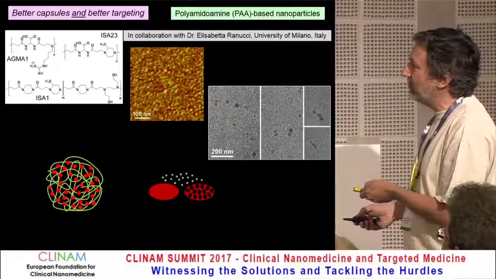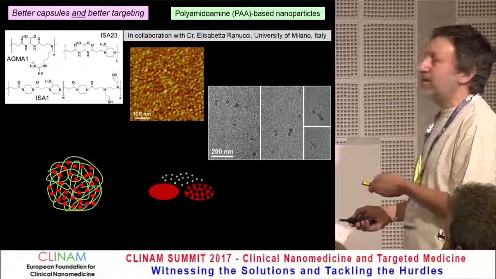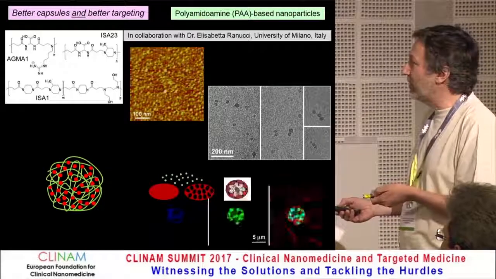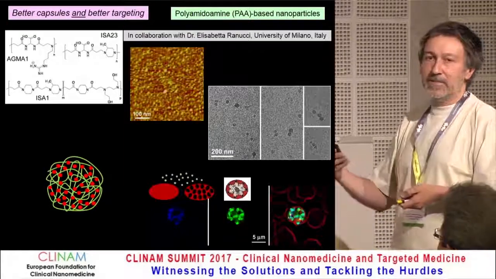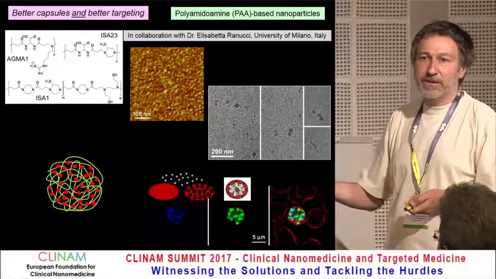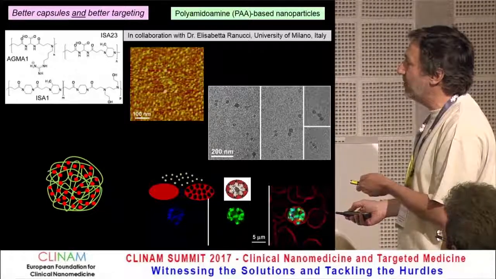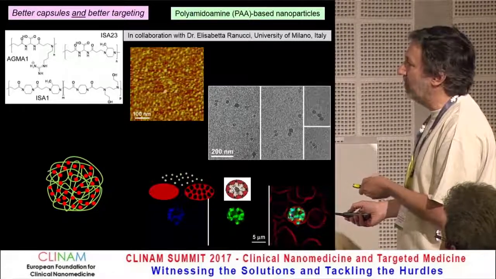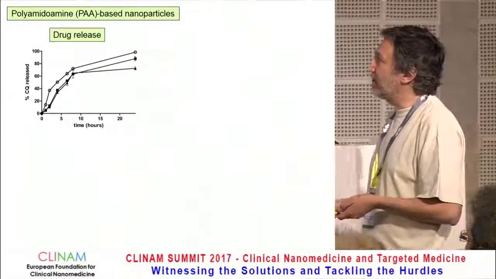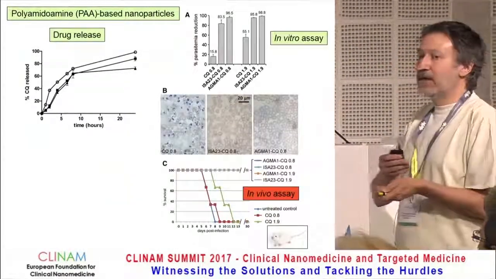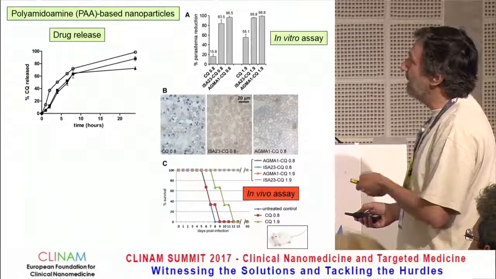They are capable of encapsulating drug, and the surprise was that they do not need any targeting antibody to reach infected red blood cells, because somehow they have a particular tropism towards this type of cell. They are capable of recognizing them specifically and not non-infected red blood cells, and of penetrating them. They have a quite good drug release over 24 hours. They work very nicely in vitro and also in vivo.